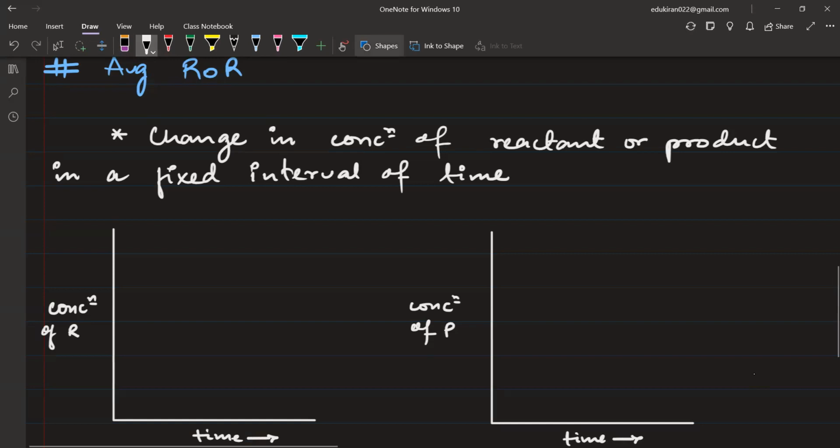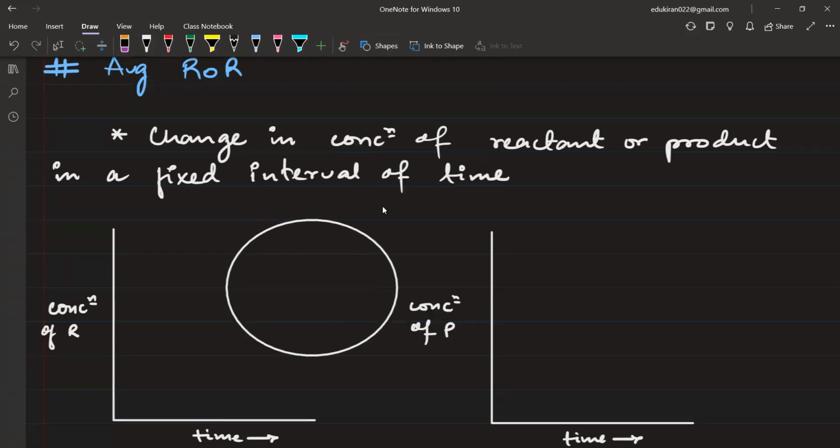Okay. Now, when we start the reaction, please don't write this type of plot. अभी plot बनाना बाकी है. When we start the reaction, some reactant is already there. And धीरे-धीरे the reactant is going to disappear.